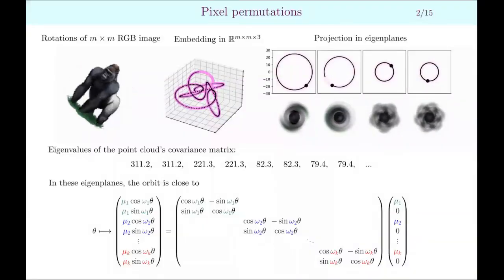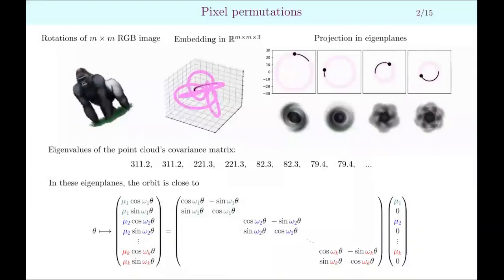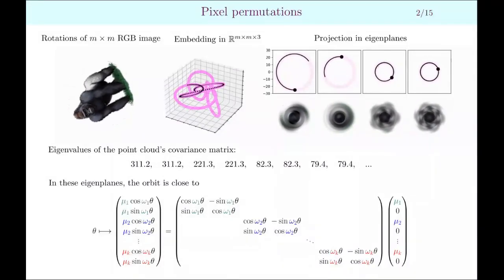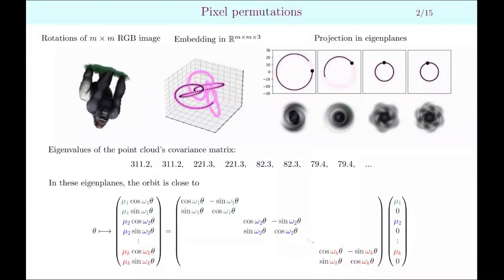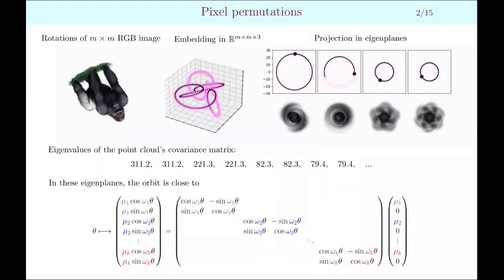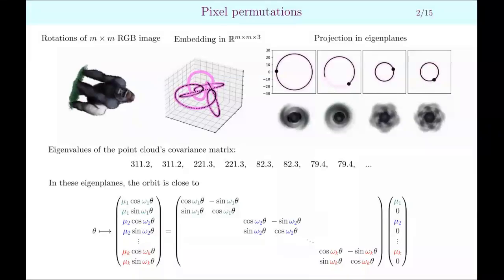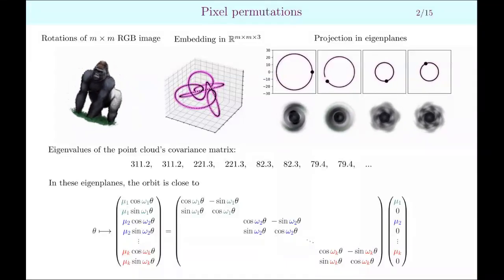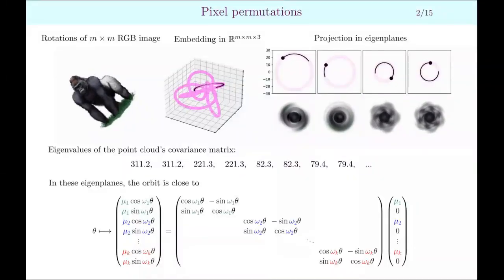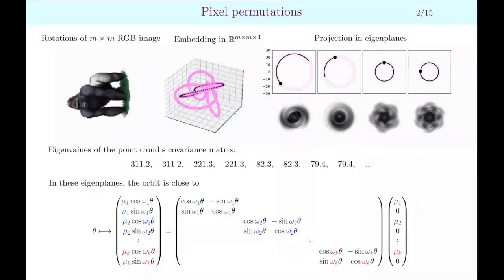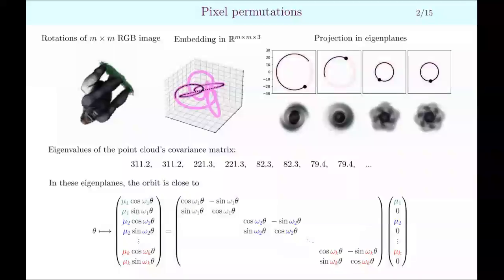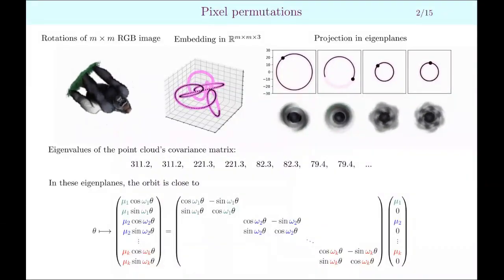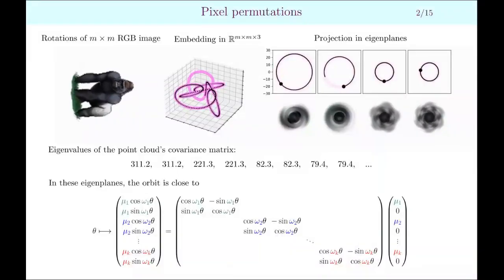This is an RGB image that I rotate, and all of these images I convert into a vector of size m times m times 3, the number of pixels times the 3 channels, just by flattening the image. The point cloud you obtain in this space, the black dots, is actually highly structured. And you can see that by computing, for instance, the covariance matrix.